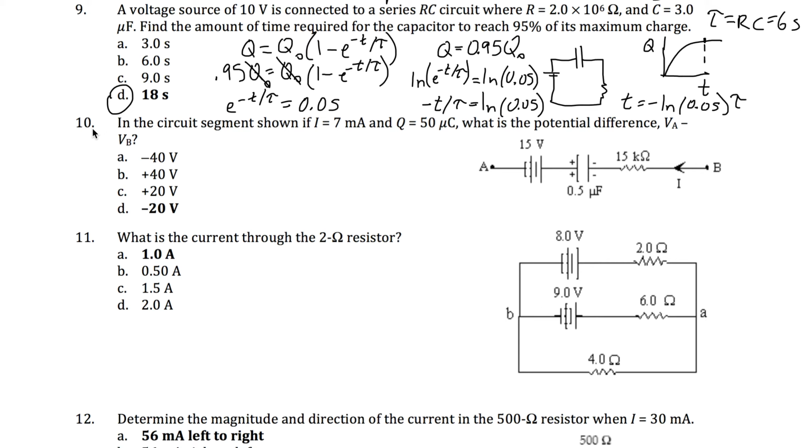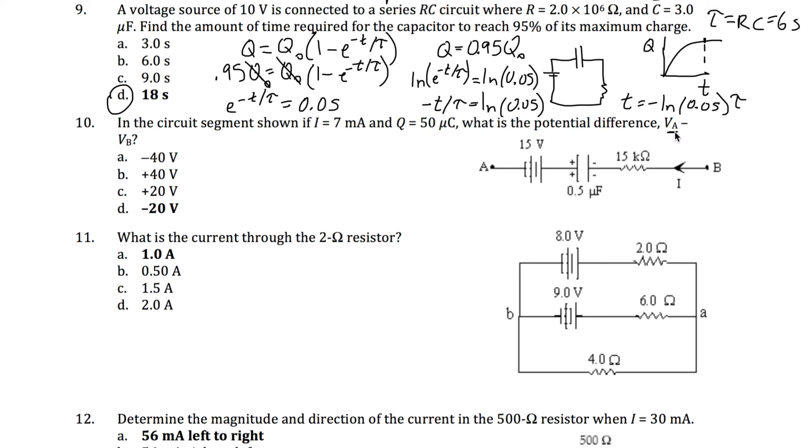Let's do number 10. In this circuit segment, what's the potential difference VA minus VB? And it shows us that the current is going to the left. VA minus VB: we can think of this as potential difference being final minus initial.